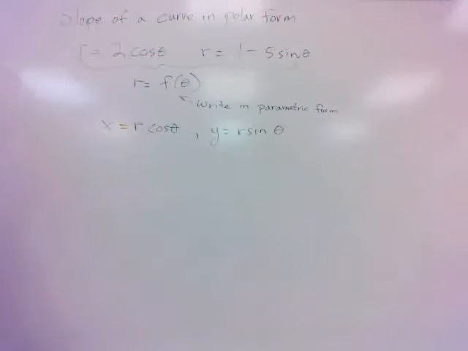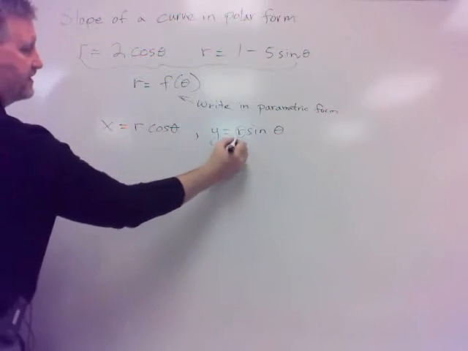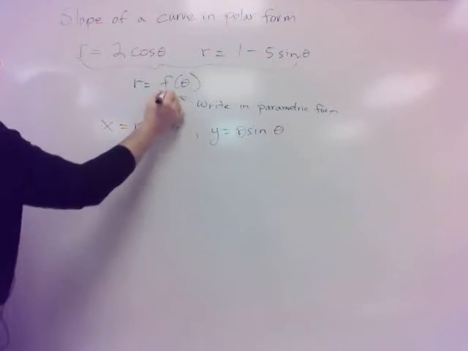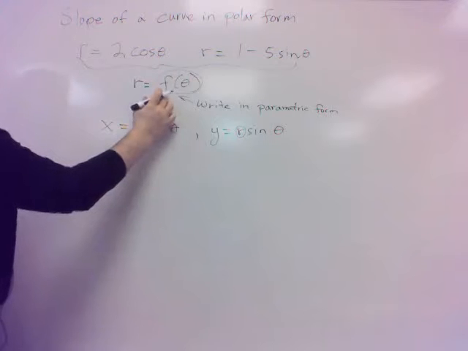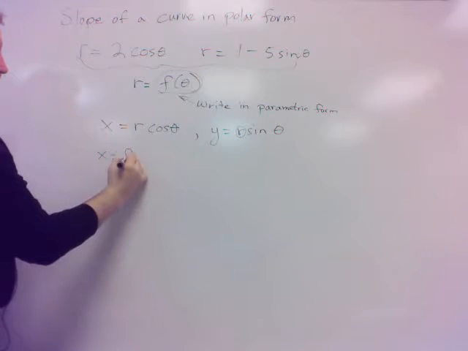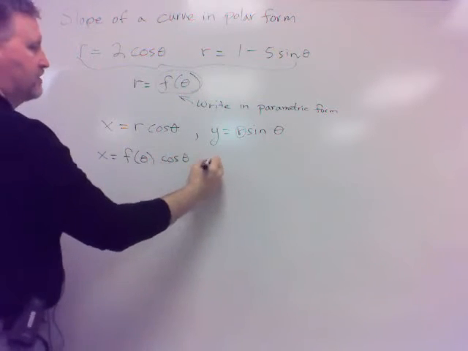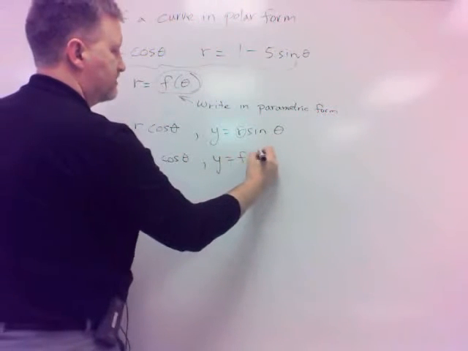Well, if that's the case, then since we know r in terms of theta right here, we can make our substitution, whatever the f of theta is, whether it be 2 cosine theta, 1 minus 5 sine theta. We can say x equals f of theta times the cosine of theta, and y is equal to f of theta times the sine of theta.